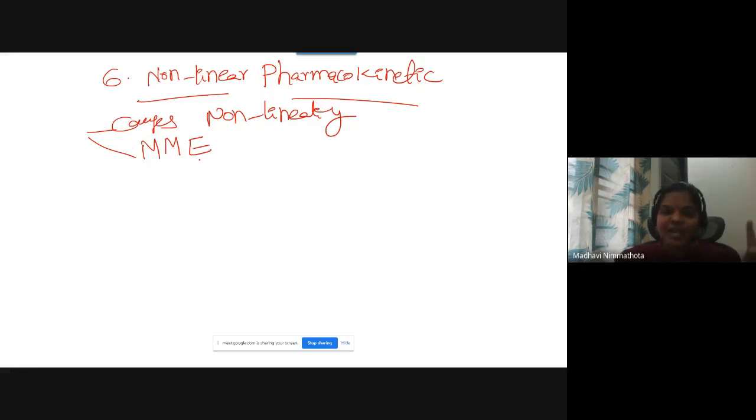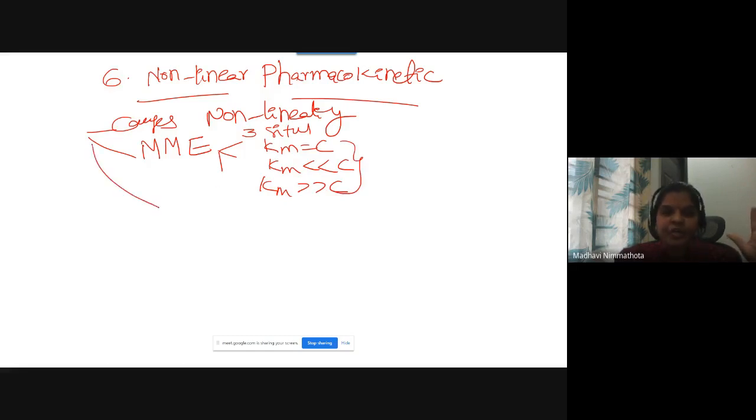Under this Michaelis Menten equation, you are going to read about three different situations. Do you remember this? Three different situations. What are those? Km is equal to C, Km is less than C, Km is greater than C. So these are the three situations we already read.